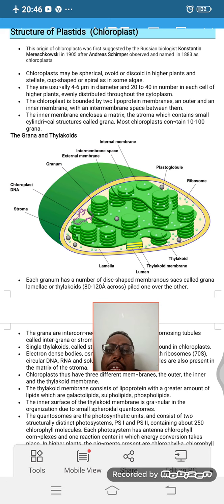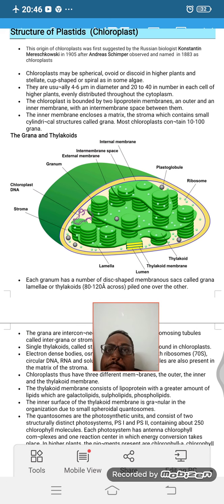chloroplast is less. Coming to the structure, they have inner membranes, and inside there is a fluid known as the stroma matrix.